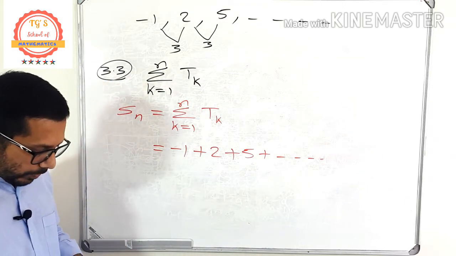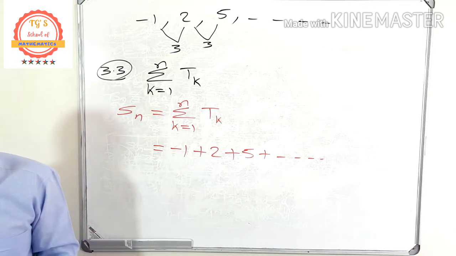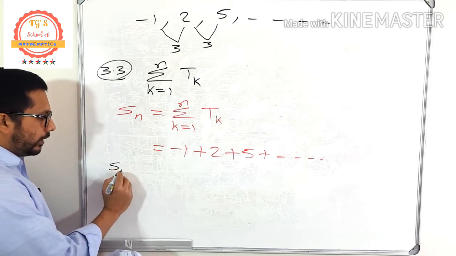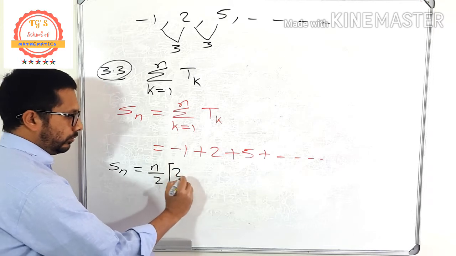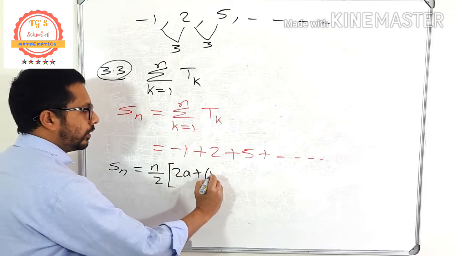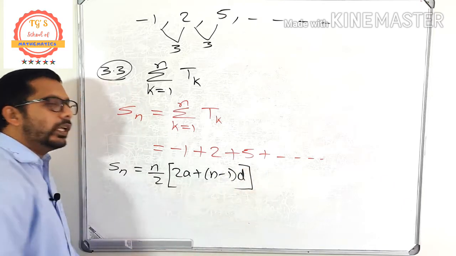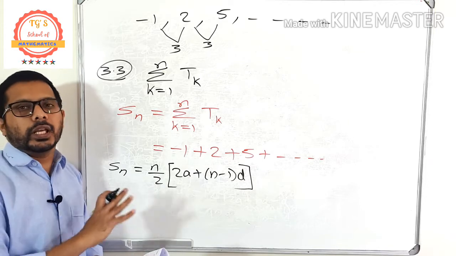So what is the formula to find the sum? You know that this is an arithmetic sequence. The formula is Sn equals n over 2 into 2a plus n minus 1 into d. It is better to remember this formula without any mistake.